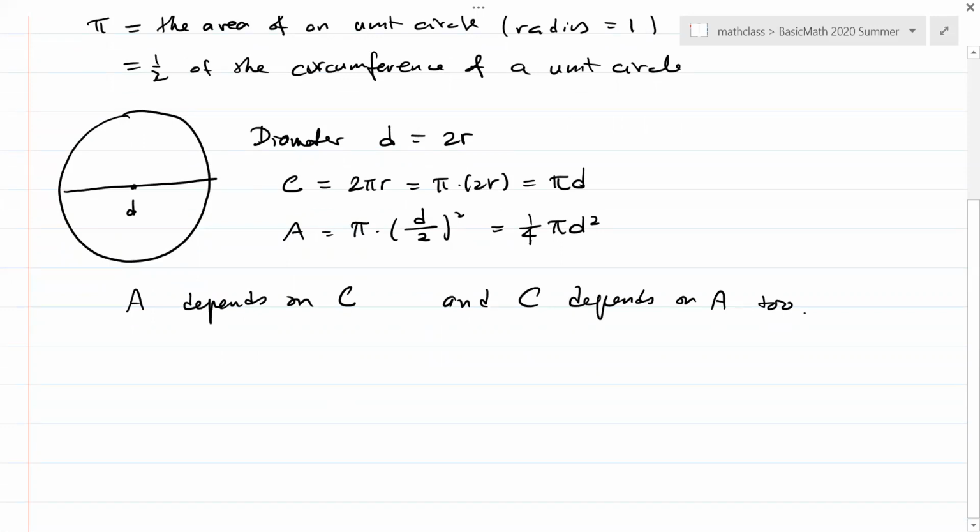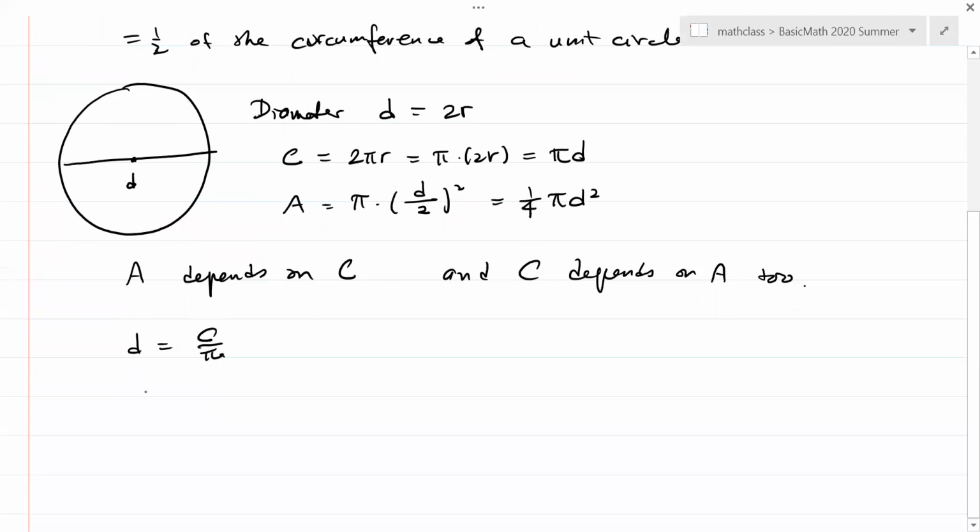You're not given those. So from the first formula, I know d is going to be C over pi, right? The diameter depends on the circumference. Then A is going to be a quarter of pi times d squared, and d is C over pi. Now you simplify it: C squared over pi squared.